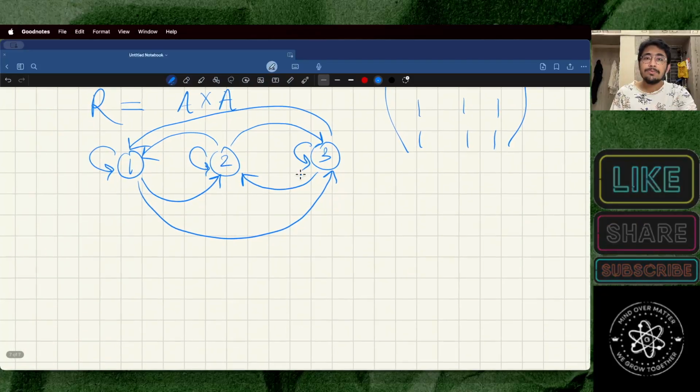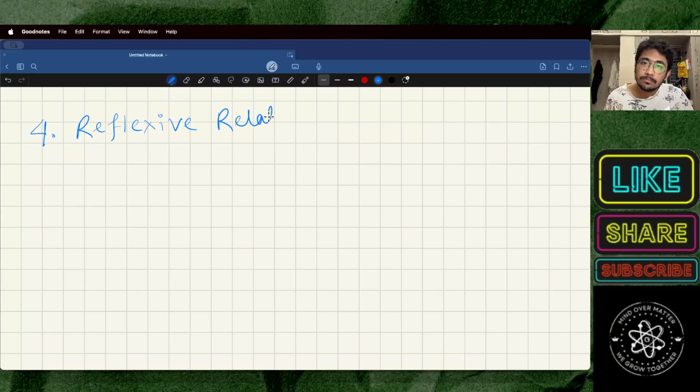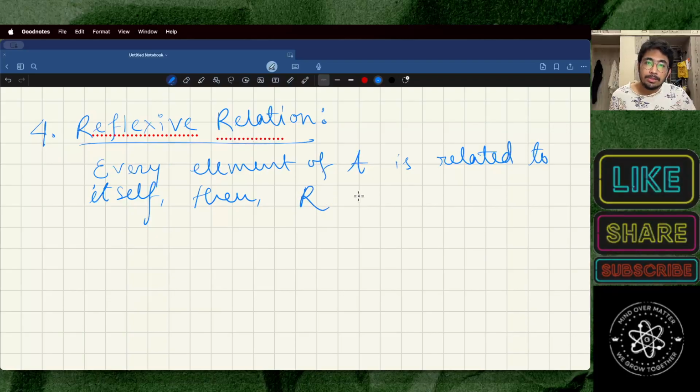And the next one is reflexive relation. In a reflexive relation, if every element of A is related to itself, then the relation is called reflexive.